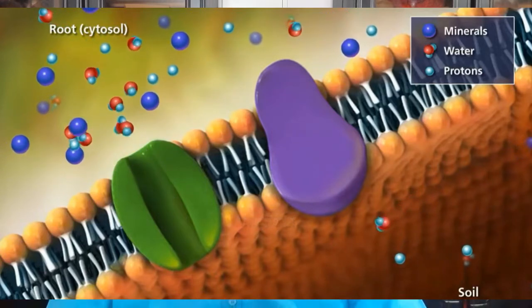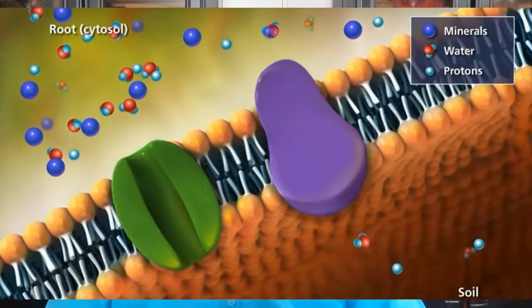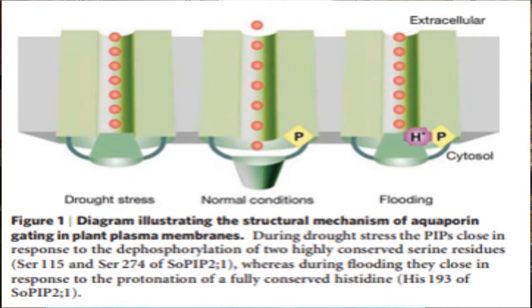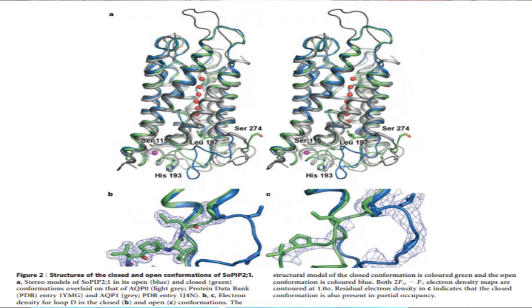The rapid closing and opening of stomata in response to drastic changes in environmental stress can be explained on the basis of the activity of these aquaporins. So the conformational changes in the protein due to the phosphorylation and protonation of residues such as histidine or serine open some channels for the movement of water.